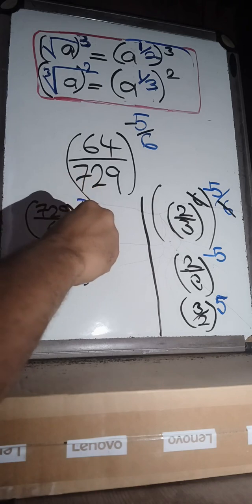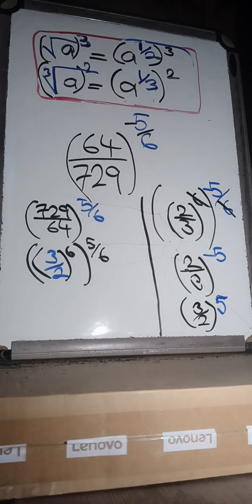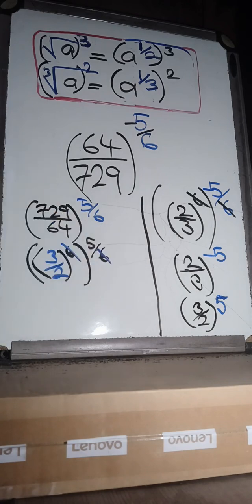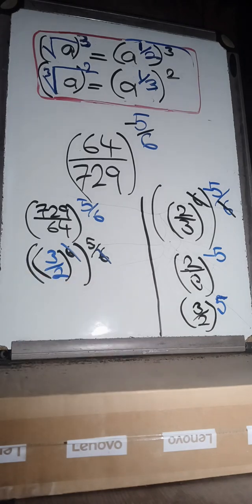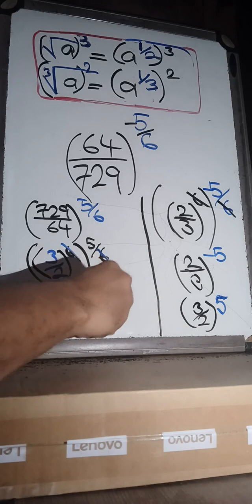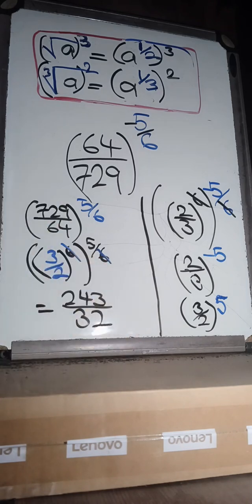But all of that raised to 5 over 6. It ends up just like that. So 3 raised to the 5. Exact same thing.